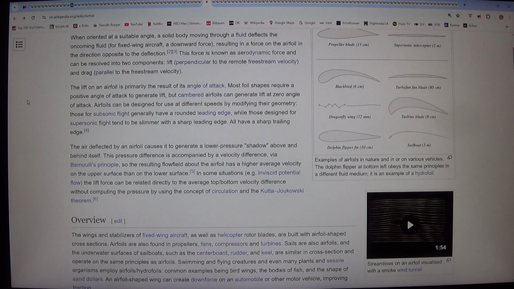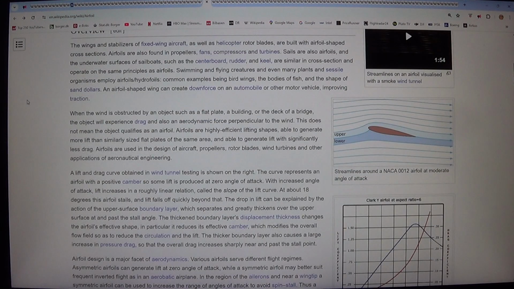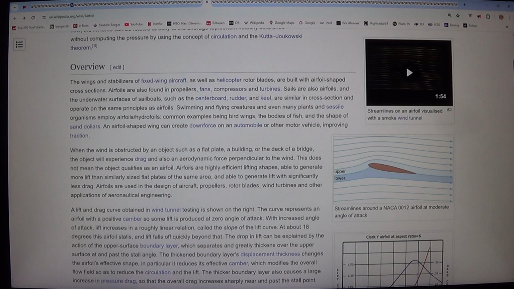Overview. The wings and stabilizers of fixed-wing aircraft, as well as helicopter rotor blades, are built with airfoil-shaped cross-sections. Airfoils are also found in propellers, fans, compressors and turbines.